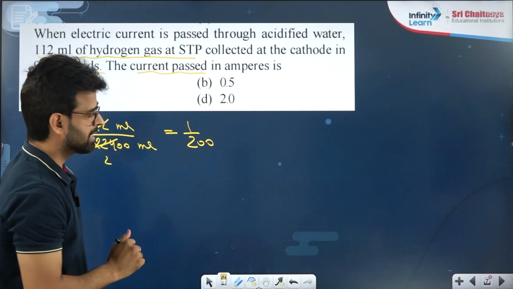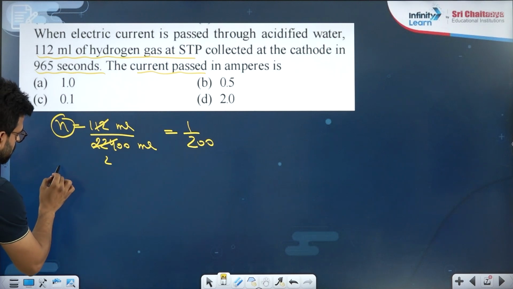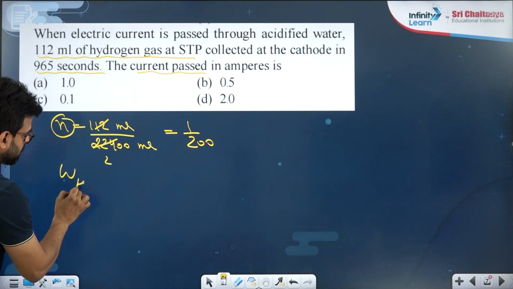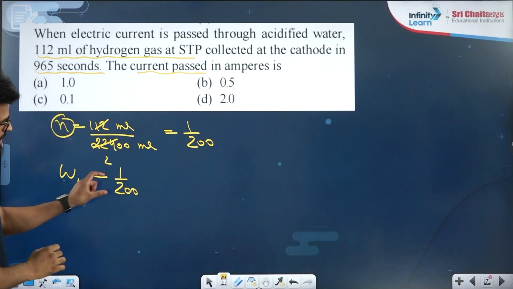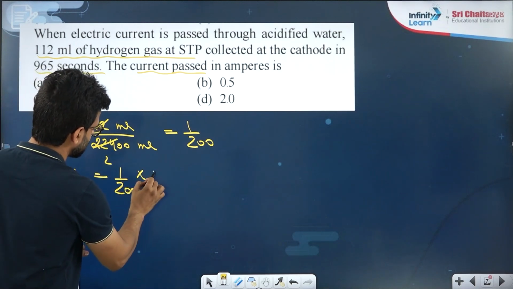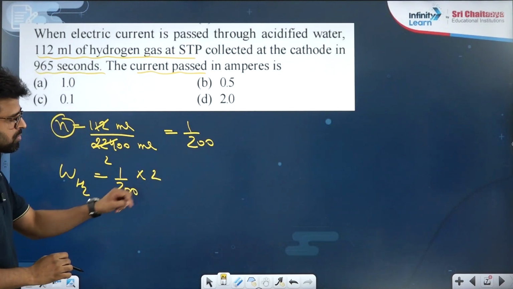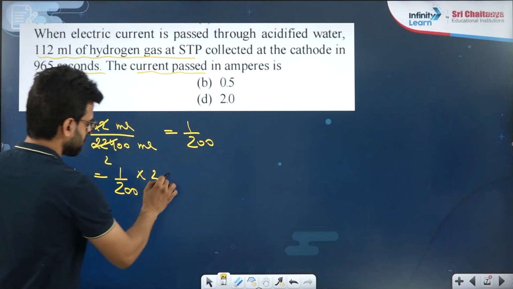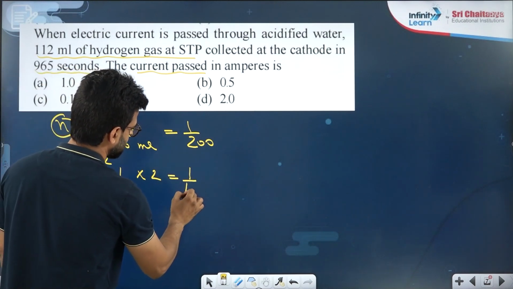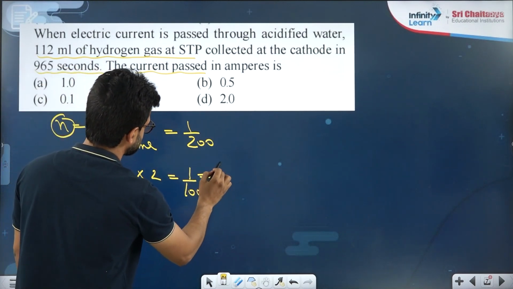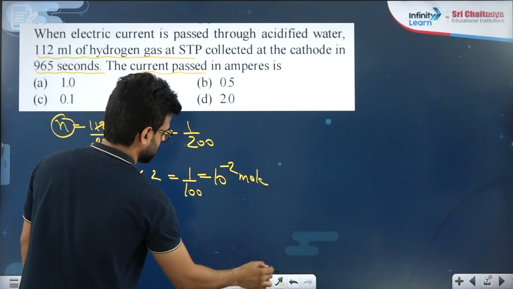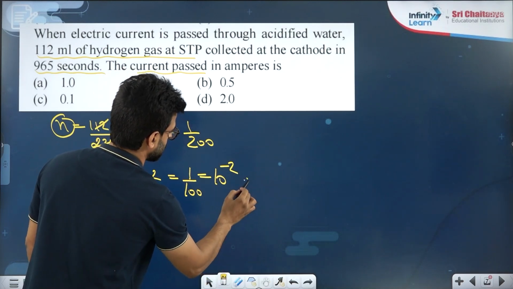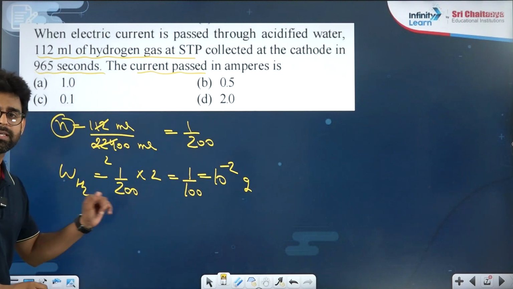H2 gas, right? Now I want to find the weight of H2 gas actually evolved. So it's 1 by 200 moles. The weight of 1 mole of H2 is 2 gram, so I can say 1 by 100, that is 10 to the power minus 2 grams of H2 gas is evolved here.